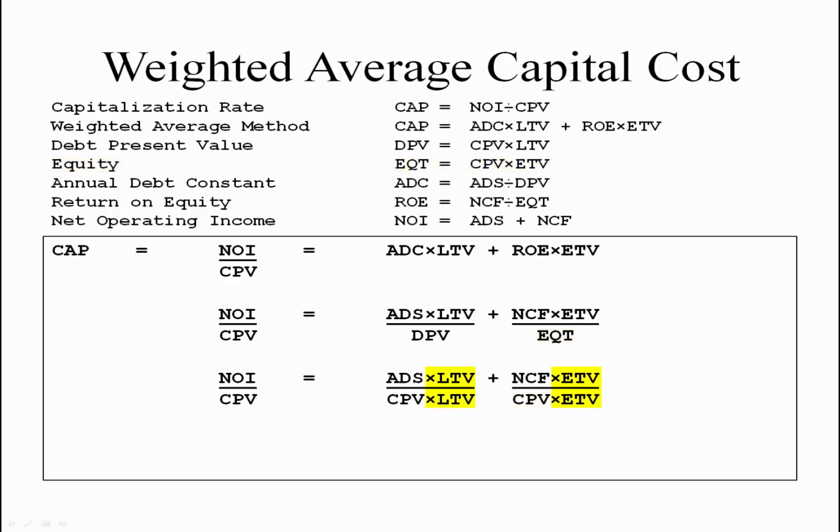We see that the LTV is on top and bottom and the ETV is on top and bottom, so they cancel out, leaving just annual debt service plus net cash flow over CPV, which is identical to net operating income over CPV.